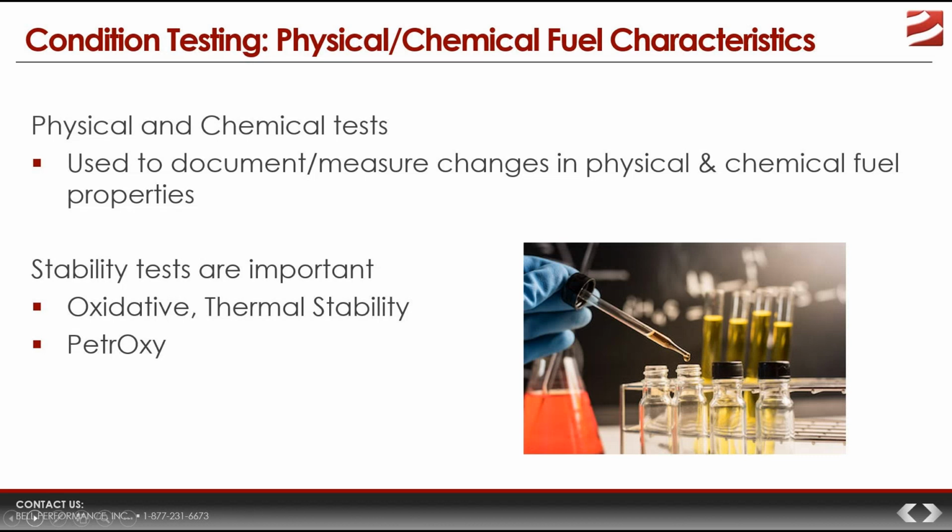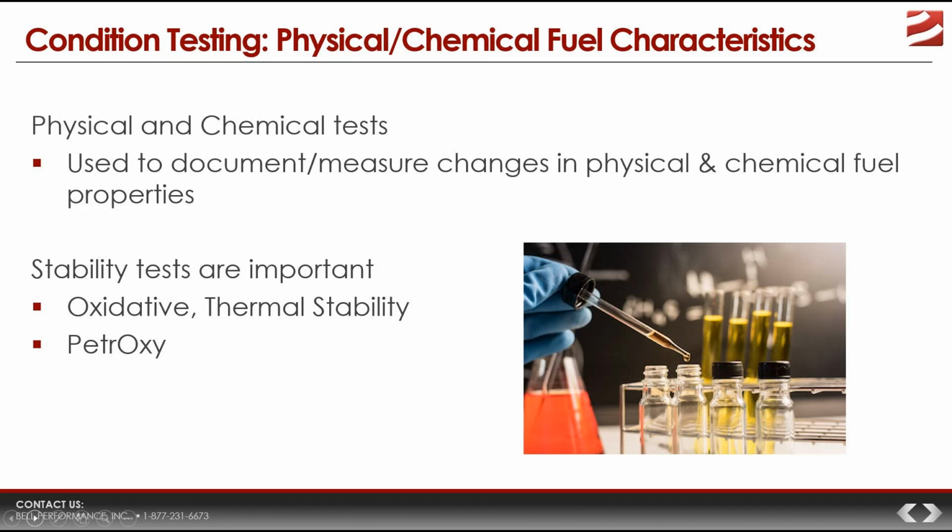We also know that microbial contamination will change the physical and chemical properties or specifications of the fuel in certain distinct ways. So our next step for condition testing beyond gross observation might be to look at some of the tests that we could use to document and measure the properties of the fuel, as well as trying to predict whether the fuel will change in the future.